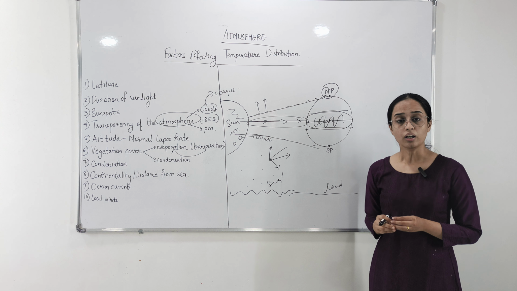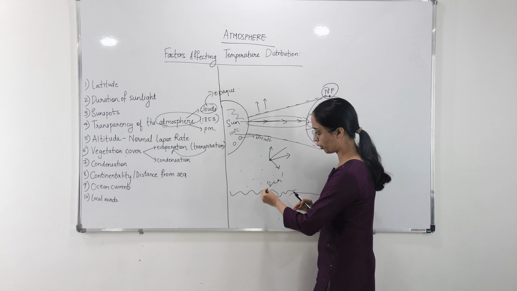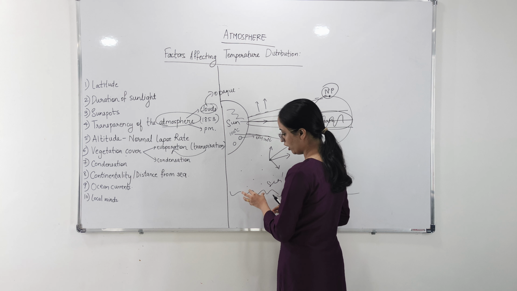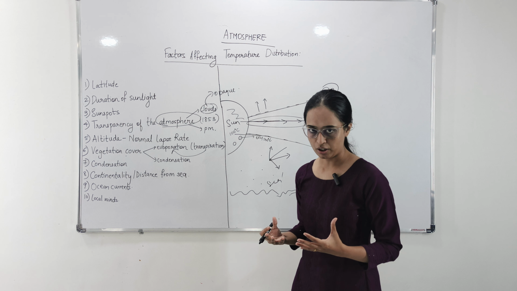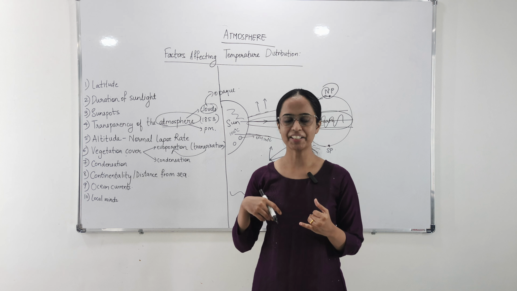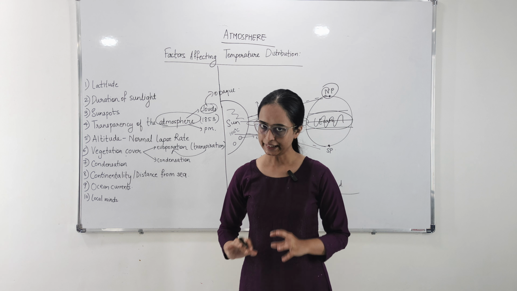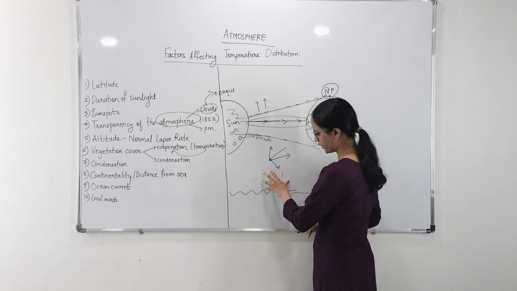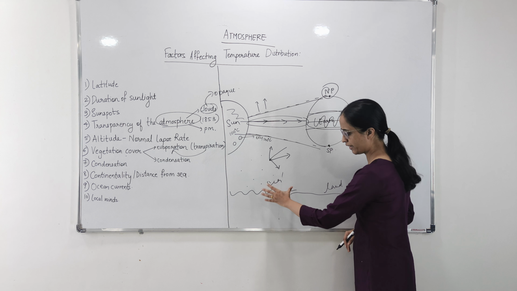Water takes much more time to heat up, and also takes more time to cool down as compared to land. Land gets heated up fast and cooled down very easily, but that is not the case with the sea.